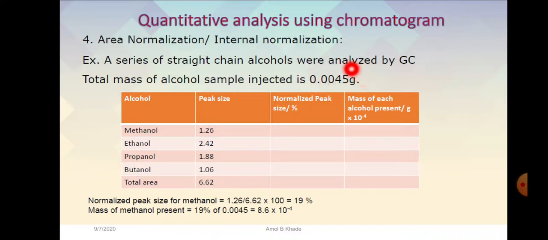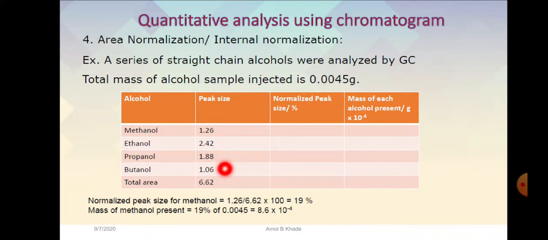This total mass contributes these 4 straight chain alcohols. After analyzing the chromatogram, I have calculated the area of each peak. Let's say methanol is the first peak separated in the chromatogram. Methanol peak size is 1.26, ethanol is 2.42, propanol is 1.88, butanol is 1.06. These are the areas of those peaks.